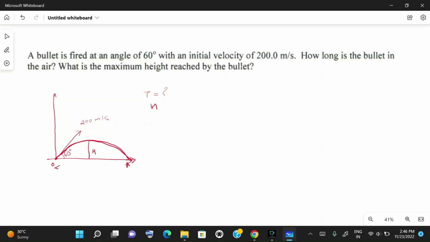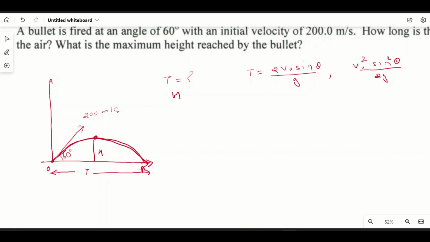So we have to calculate the time taken by the bullet to reach from O to A. We have already derived the formulas. Time of flight T is equal to 2V0 sine theta upon g, and maximum height is V0 square sine square theta upon 2g. So we have to just put the values in these formulas.